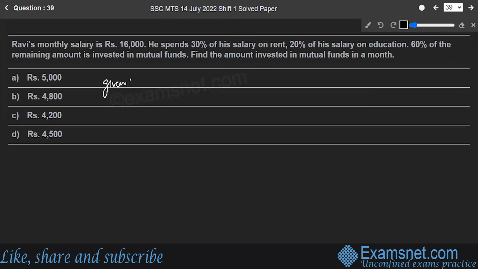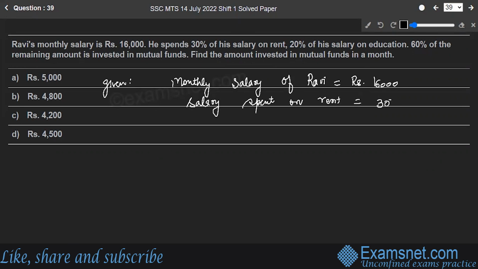You are given the monthly salary of Ravi is 16,000 rupees. Salary spent on rent is 30%, education 20%, right?